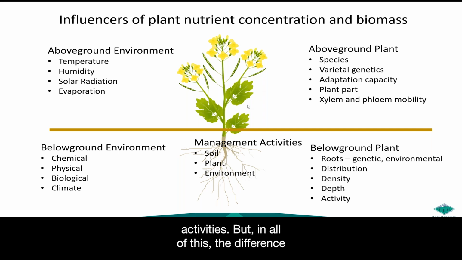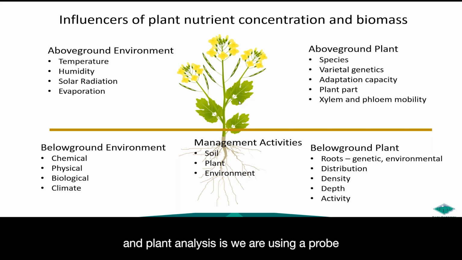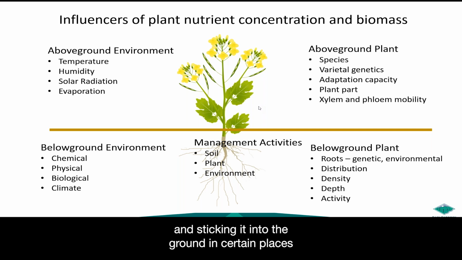But in all of this, the difference between soil and plant analysis is we are using a probe and sticking it into the ground in certain places and depths to re-establish a relationship that was found in the field between that probe and how the plant responded for a particular nutrient.